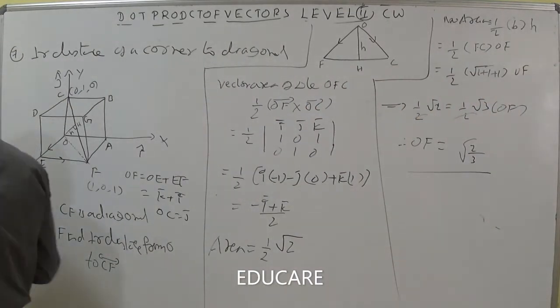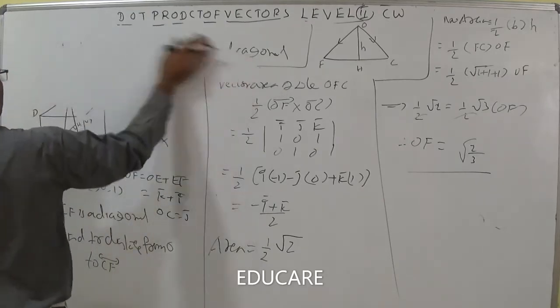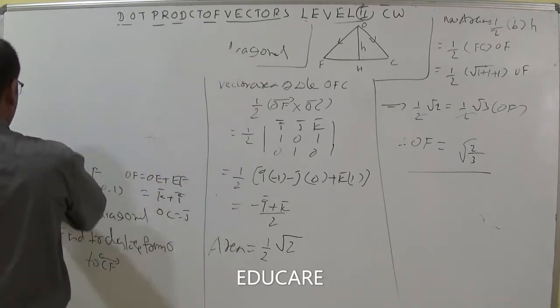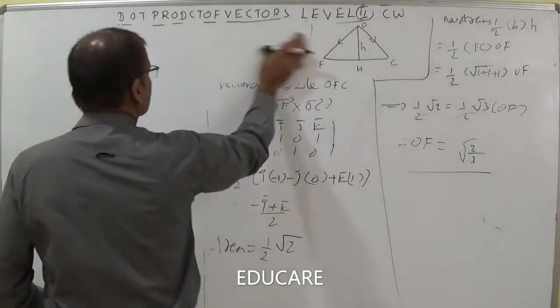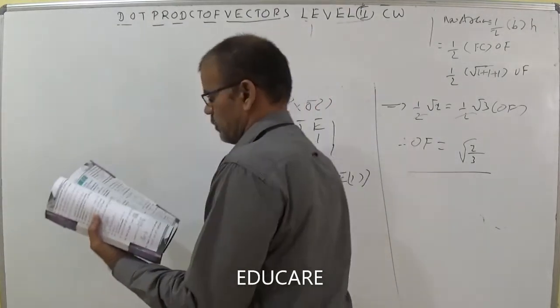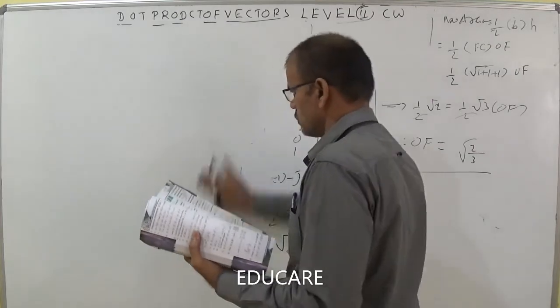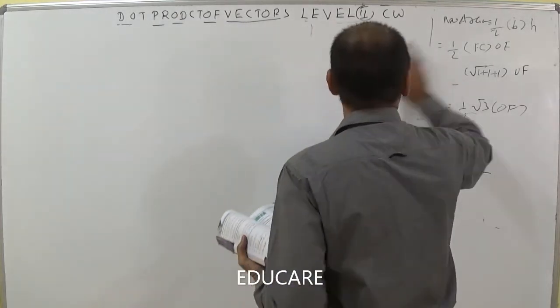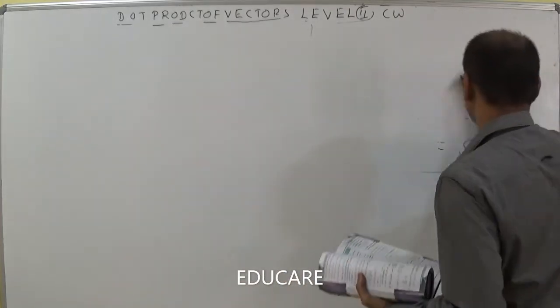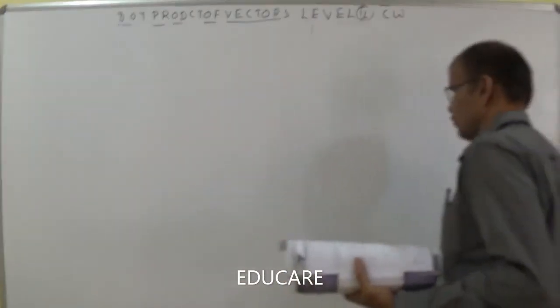A, B are 2 points on the curve, a parabola given. Capital A and capital B are 2 points on the curve y is equal to x squared, which is the parabola in the form of x square is equal to 4ay.